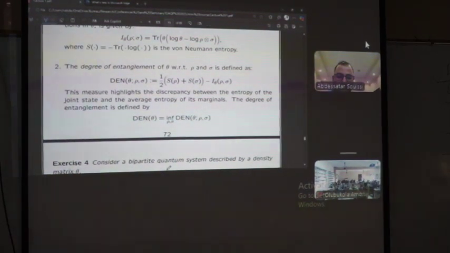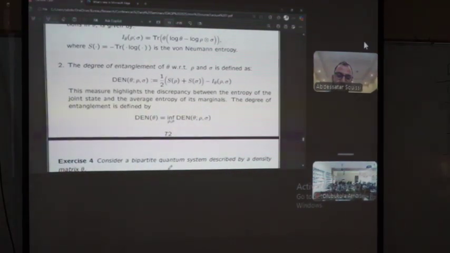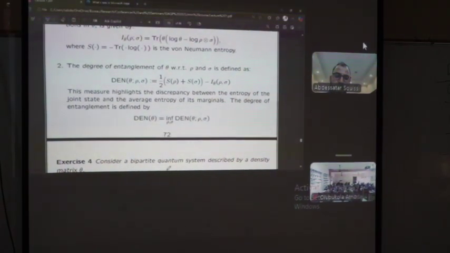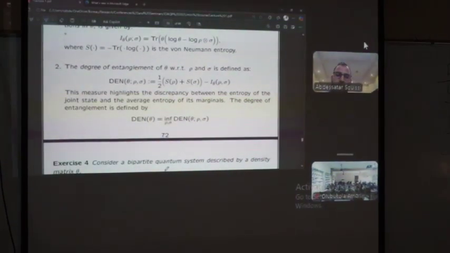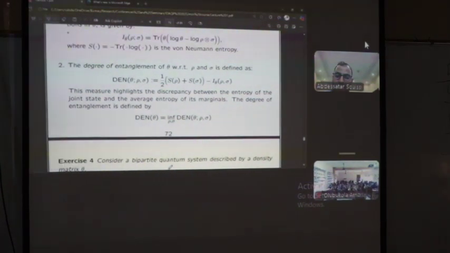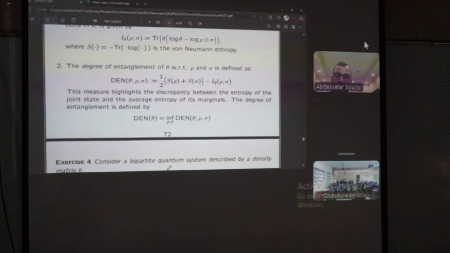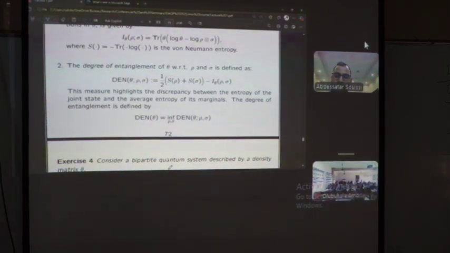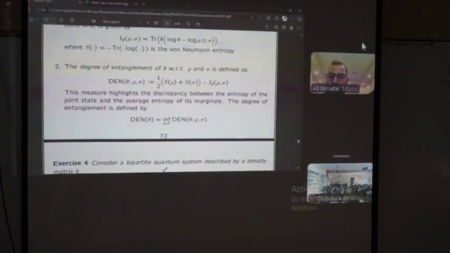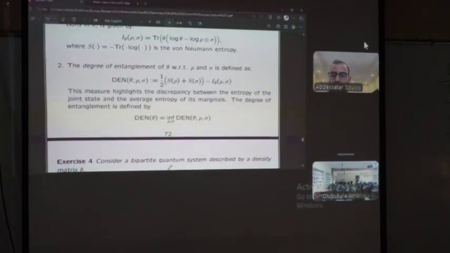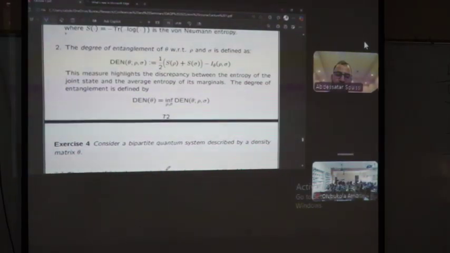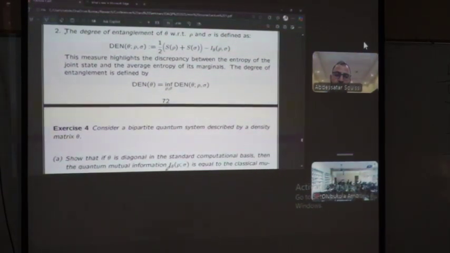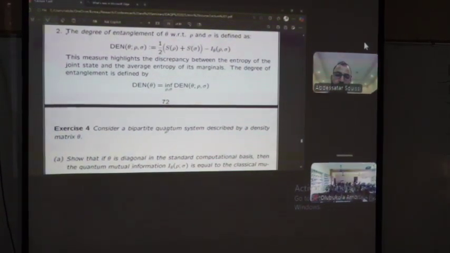And then for a state defined on the composite system, the degree is relative to rho and sigma. For the multipartite system, we take the infimum over all the decompositions of the system, of the degree of entanglement given rho and sigma. I mean, for the multipartite case, we have more than two atoms. We have many.